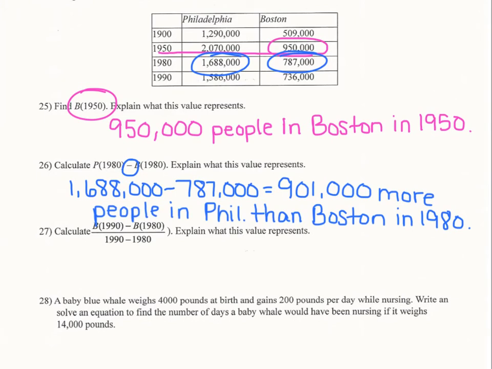Okay, let's take a look at this next one. This one wants me to look at B of 1990, right? So here's B of 1990, and then B of 1980. So it wants me to look at these two numbers. Starting with 1990, that's 736,000. And then I'm subtracting the 787,000.